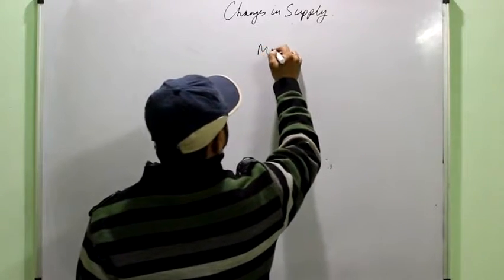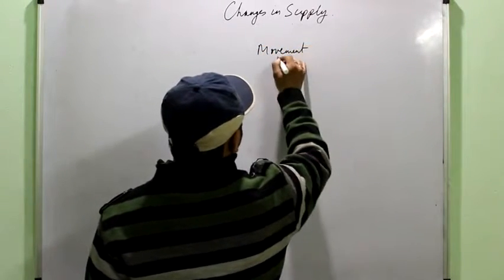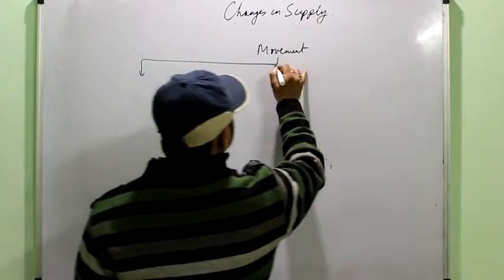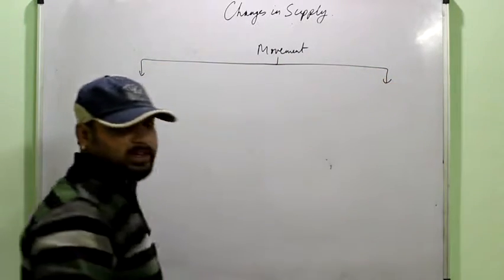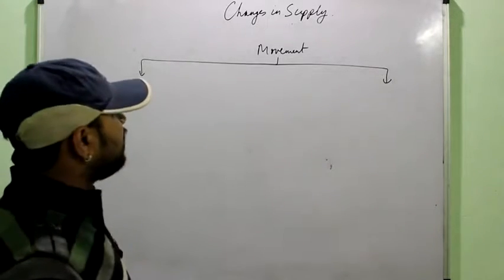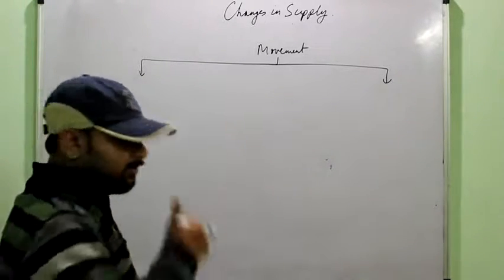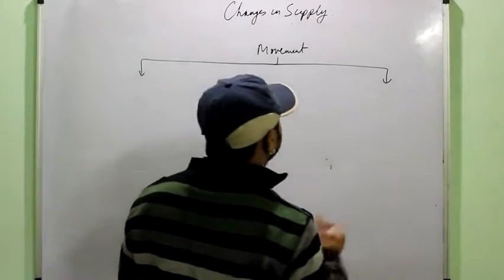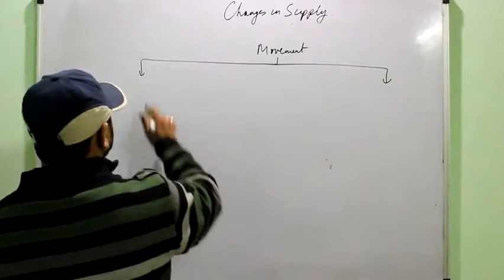Okay, so the movement is of two types, and you remember that in movement we use the words change in quantity supplied or quantity demanded, and in shift we use the words change in supply or change in demand. Quantity demanded or quantity supplied is used only for the movement.